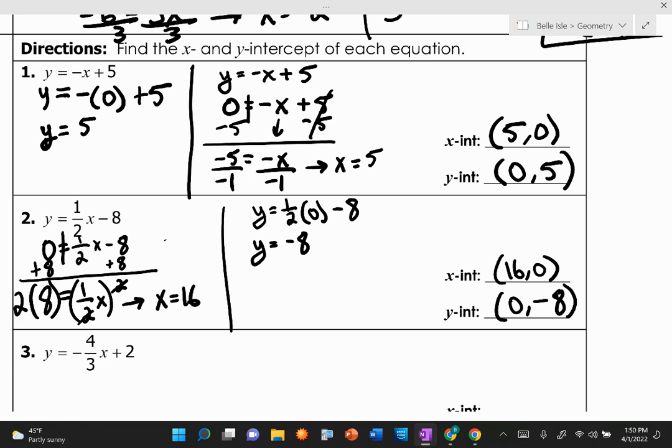The 8 times 2 is 16. You're asking just literally about why it's right there. When we get to the graphs, I'll show you. But it's because when the line crosses the x-axis, the value for y is always 0. It's x, y. So on this one, the line crosses the y-intercept at -8, so the x is always 0. That's why. That makes sense.